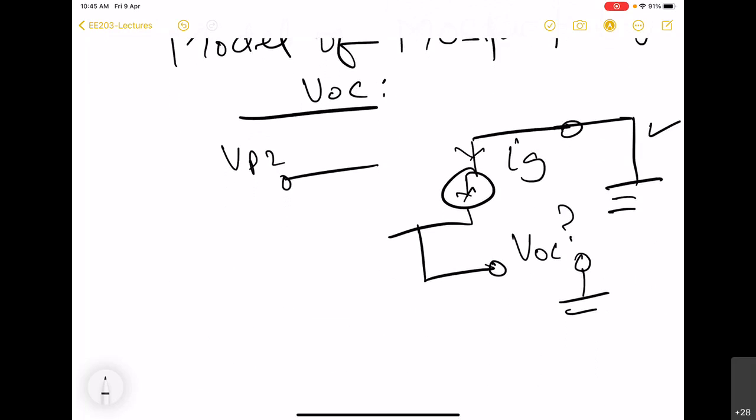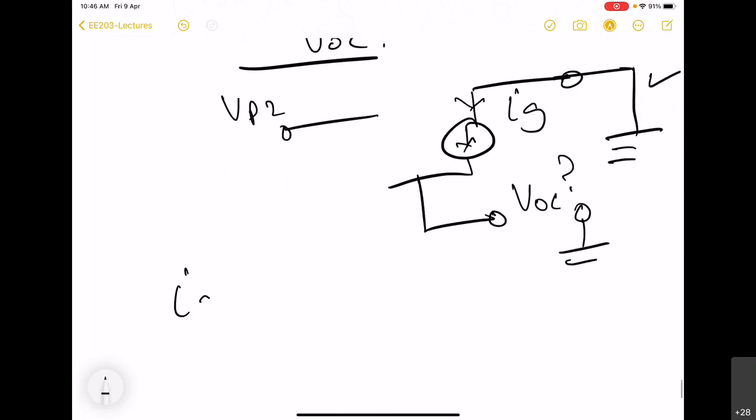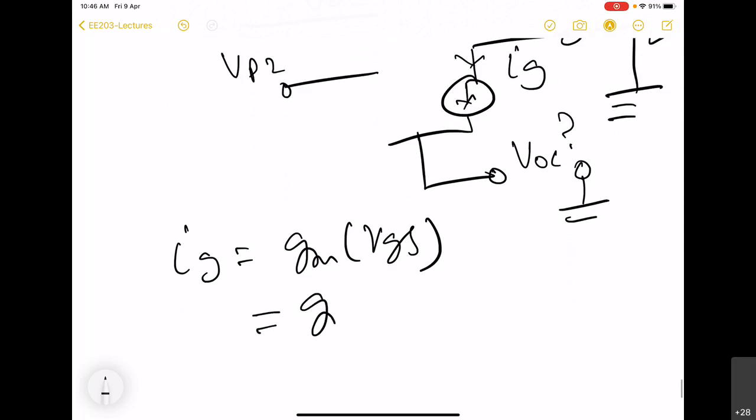So here we have current IG. We know that IG is equal to GM VGS, and VGS is going to be VP2 minus VOC, since the source is VOC.